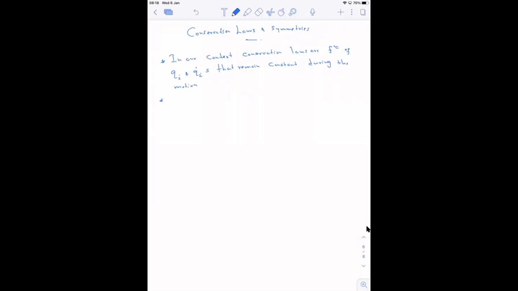Because of that, these constants are also called first integrals.